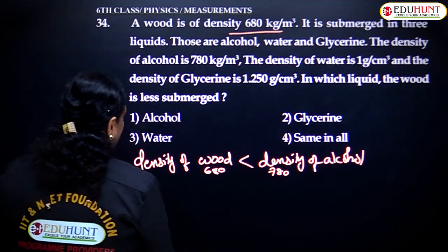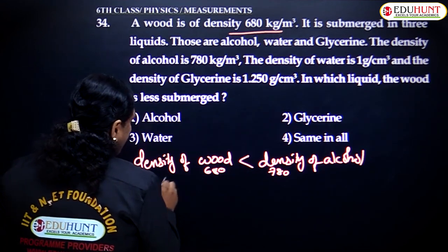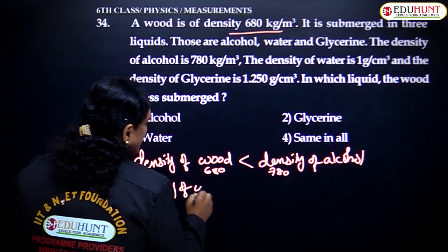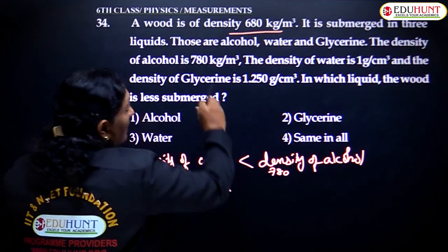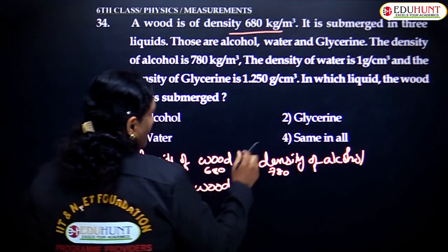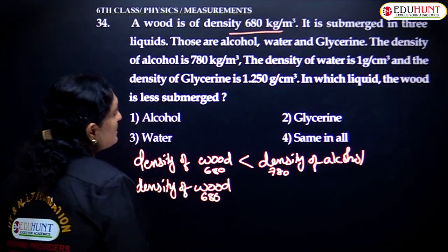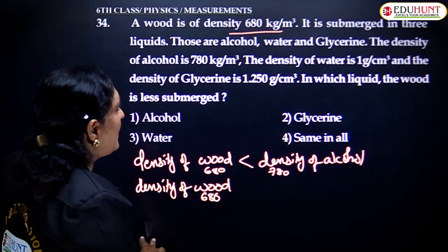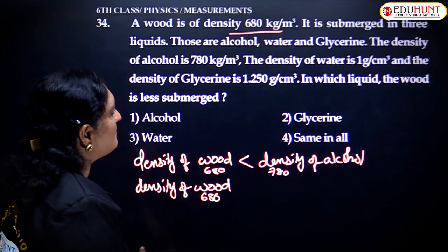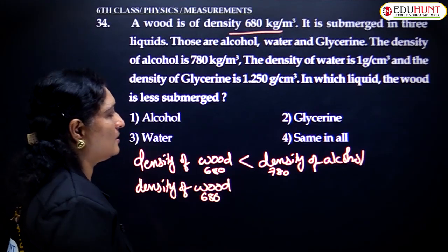Similarly, consider the density of wood when compared to water. The density of wood is given as 680 kg per meter cube, whereas the density of water was given as 1 gram per centimeter cube.